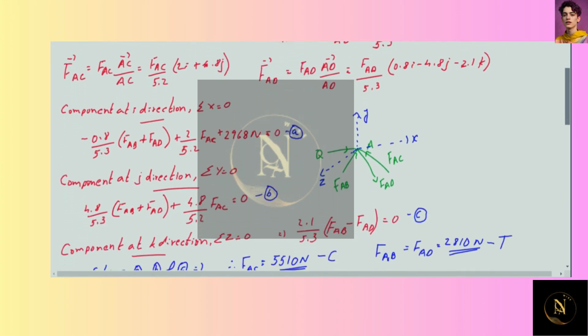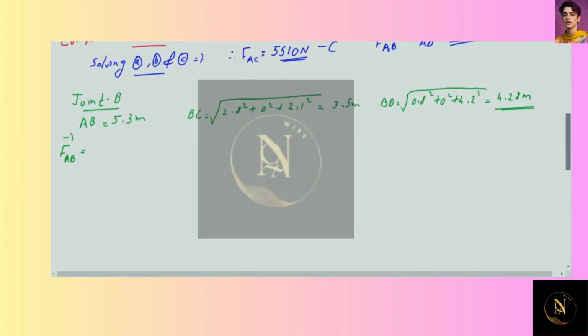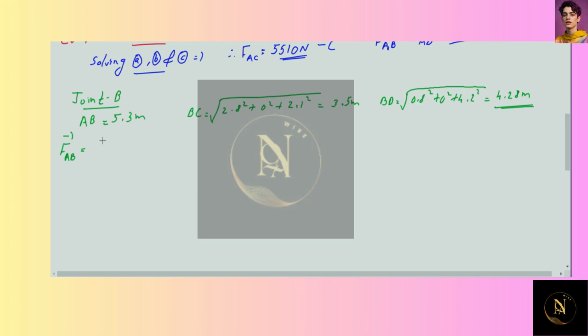We found the value of FAB. Just substitute that value in that equation. Let's write it to avoid confusion. FAB into vector AB by AB.